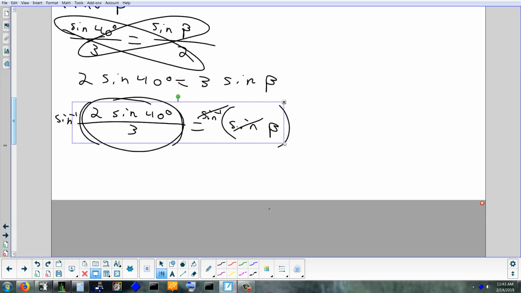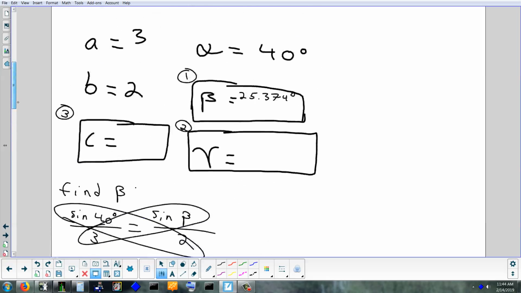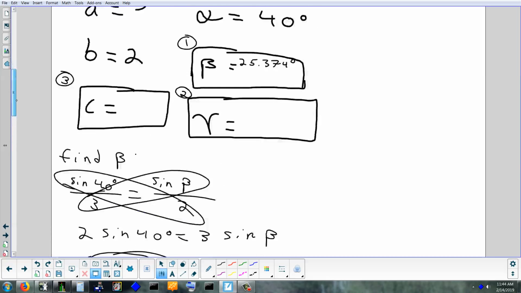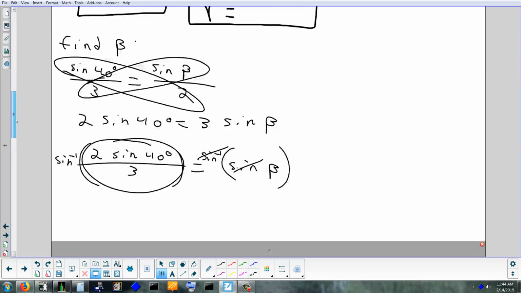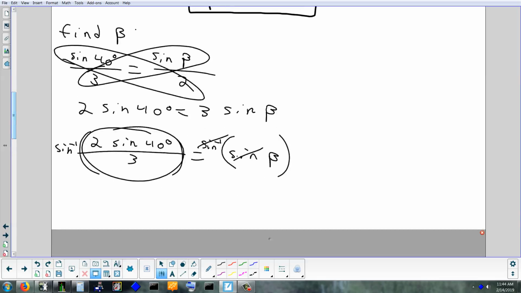We got an answer of, what did we get? 25.374. That's in which quadrant? First. Where else does sine come out to a positive answer? Second. So if there's another answer to this problem, it's in the second quadrant. It has to be. Think about it.